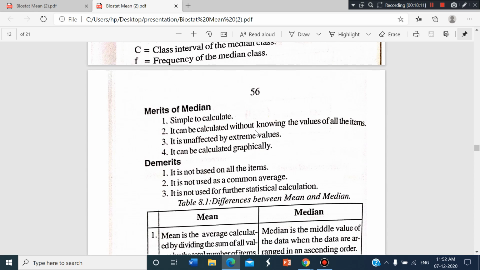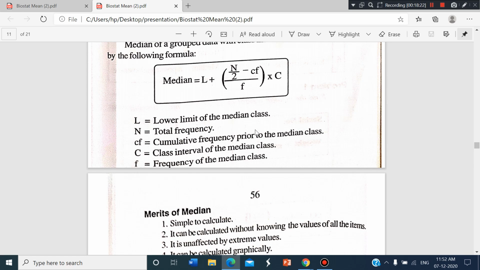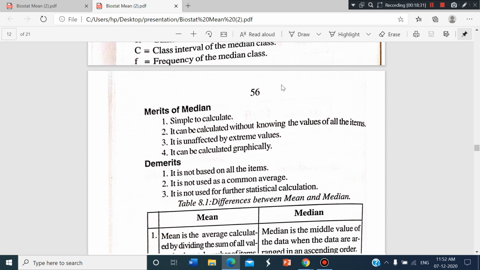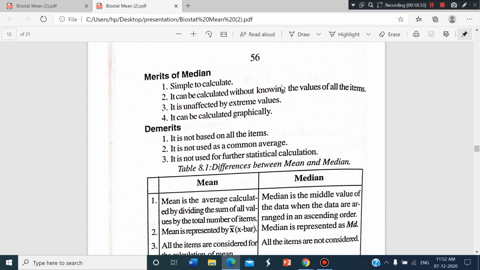Before that, I would like to introduce the difference between mean and median and the merits and demerits of median. Then we can take up the example where you can understand it better. So the formula for grouped data with class intervals is L plus (n upon 2 minus CF) divided by F, into C. Median is also very simple to calculate, and we can calculate it without knowing the values of all items.